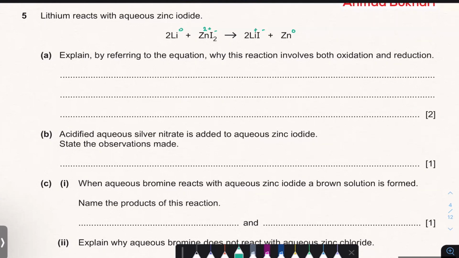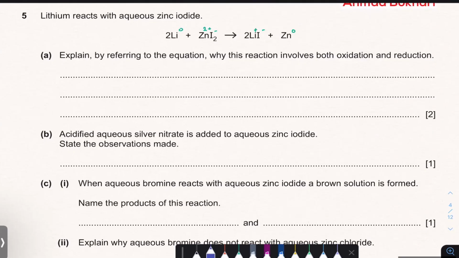मुझे नजर आ रहा है that lithium is going from 0 to +1 कैसे? By losing electron. Zinc is going from +2 to 0 कैसे? By gaining 2 electrons. अब जरा गौर से देखना मैं लिखता कैसे हूं.